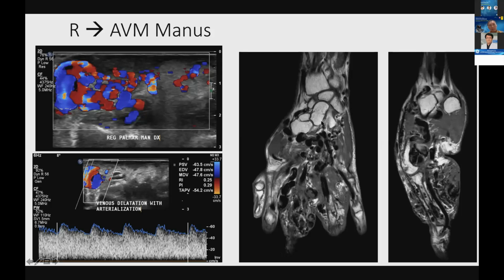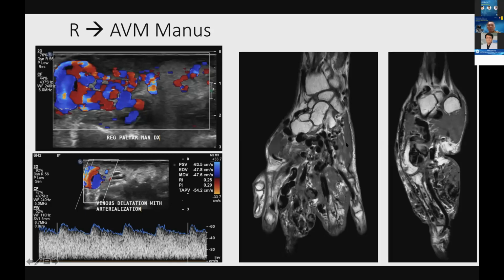The right slide shows the T1 weighted image of the hand with a lesion. This is the vascular malformation in the hand.